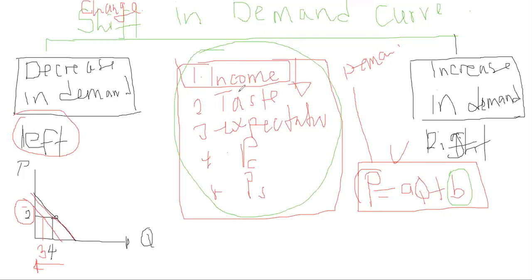Whenever income, tastes, or the price of a complement or substitute change, it is this B that will be affected. So anytime there is a decrease in demand, or the demand shifts to the left, it is this B that will change. So a change or shift in the demand curve is translated through what? Through B, the constant.